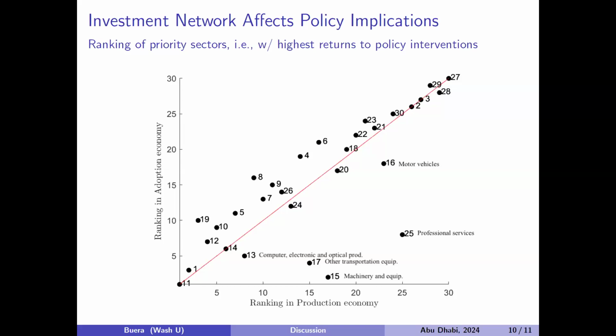In particular, here you're going to have sectors that become more priority, come up in the ranking. Those are sectors like computers, transportation, machinery, professional services that embed a lot of the ICT sector. So this is an illustration of why it matters to have this type of measurement.